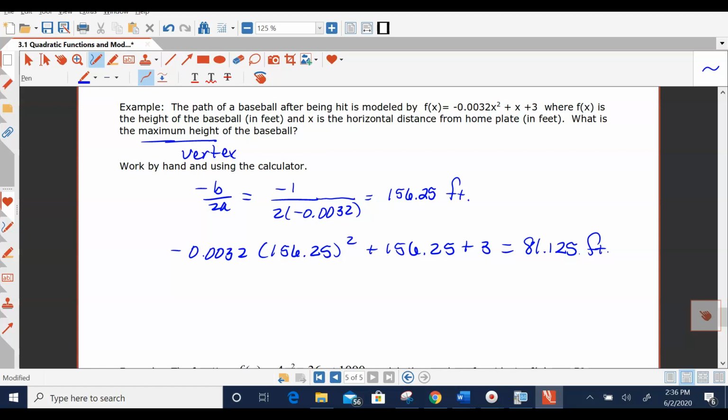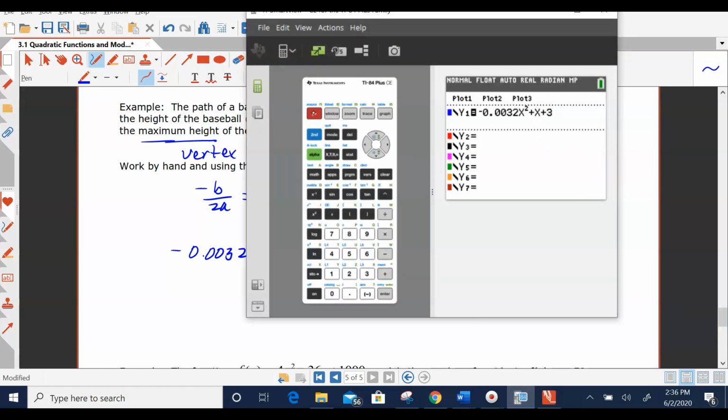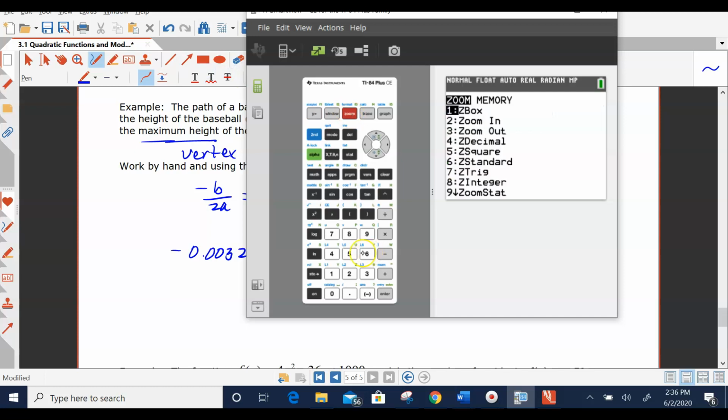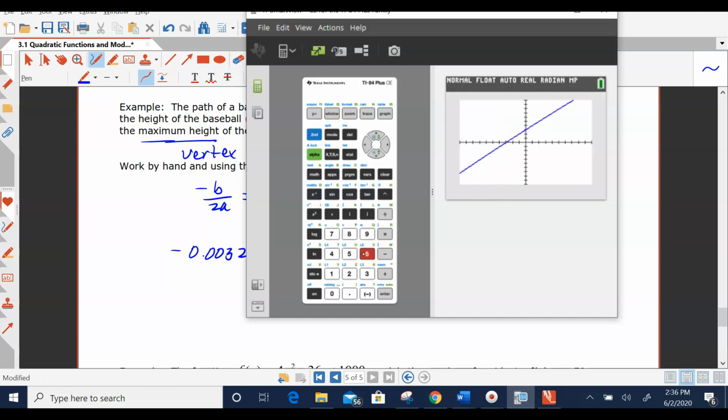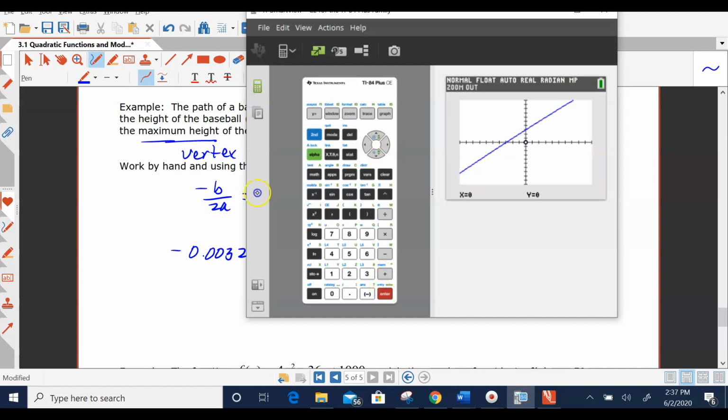Now, I did put that one in my calculator under y equals, and I graphed it in Zoom 6, and that's all I saw. So let me show you what you can do. Hit the zoom out feature. Press enter and enter again. Enter again. Enter again.